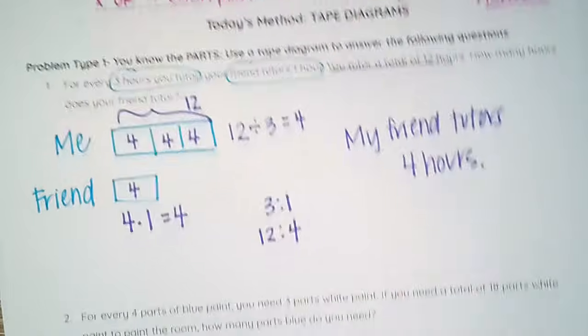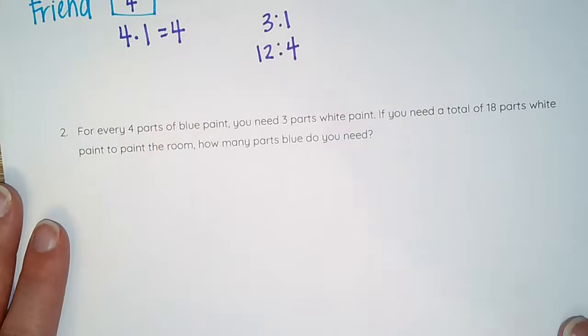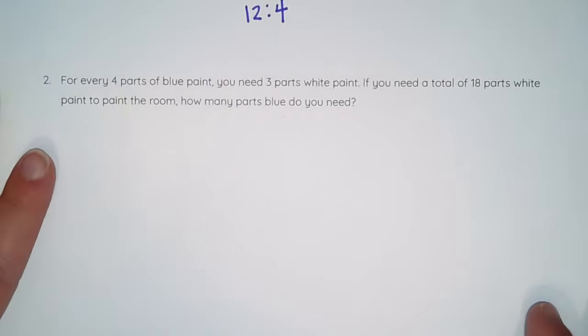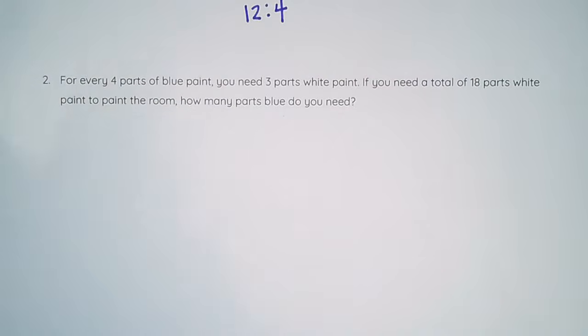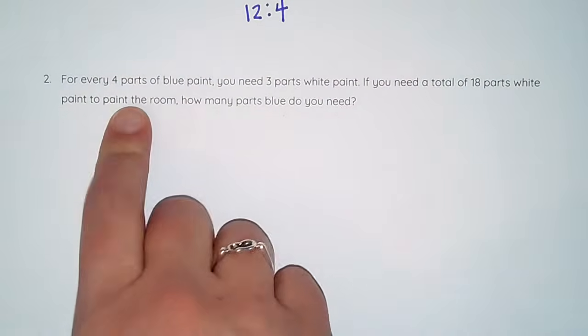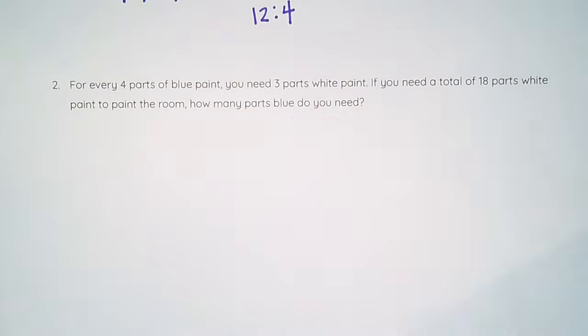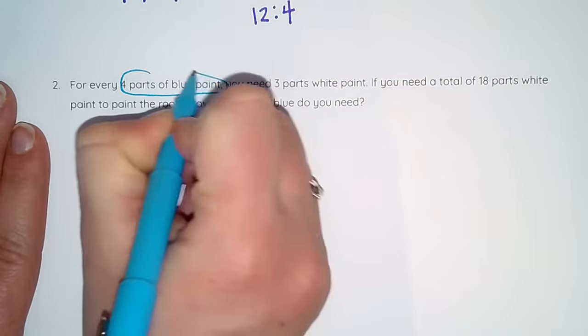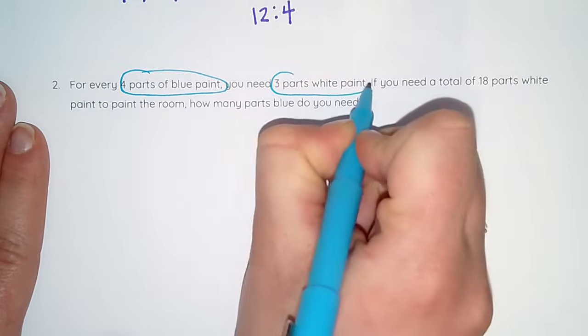Let's try another example here. It says for every 4 parts of blue paint, you need 3 parts of white paint. It is very important that we keep our ratios the same with painting. Otherwise, our color will shift. If I need a total of 18 parts white paint to paint a room, how many parts blue will I need? So I'm comparing blue parts to white parts.